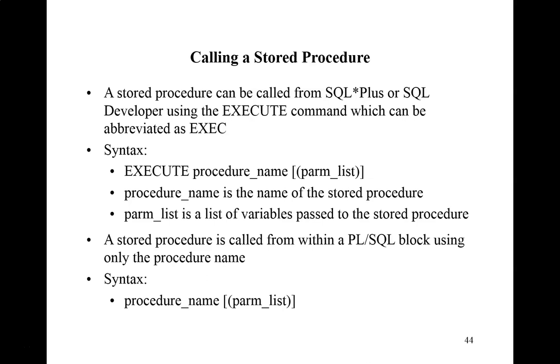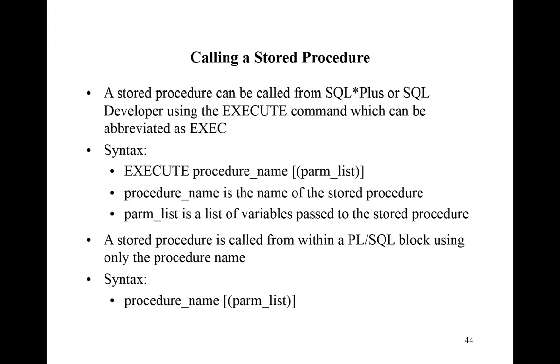The parameter list would be a list of variables or possibly values. We'll talk about that when we talk about parameter mode in just a moment. Now, a stored procedure can also be called from within a PL/SQL block using only the name of the procedure. There's no need for an execute statement.